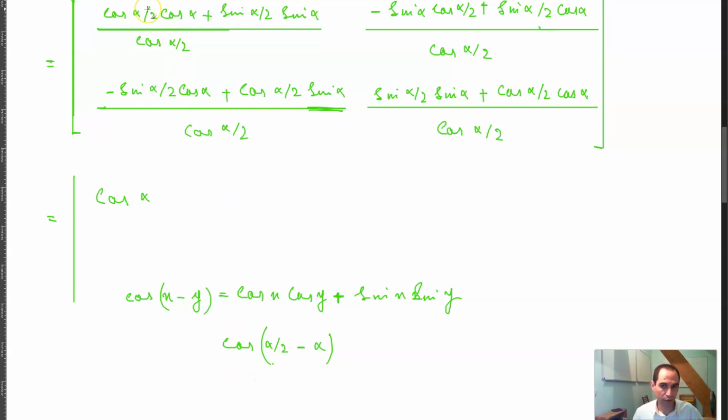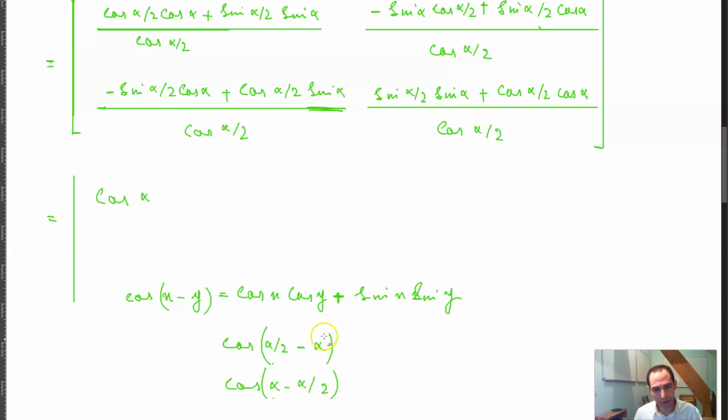Now since multiplication in real numbers is commutative, by the same logic, if I for example write this as cos alpha times cos of alpha by 2, and write this as sine alpha times sine alpha by 2, which is absolutely possible, there is no problem with that, then that way I would write this as the cos of alpha minus alpha by 2, meaning that this expression is equal to cos of alpha by 2 minus alpha, and also equal to the cos of alpha minus alpha by 2, right?